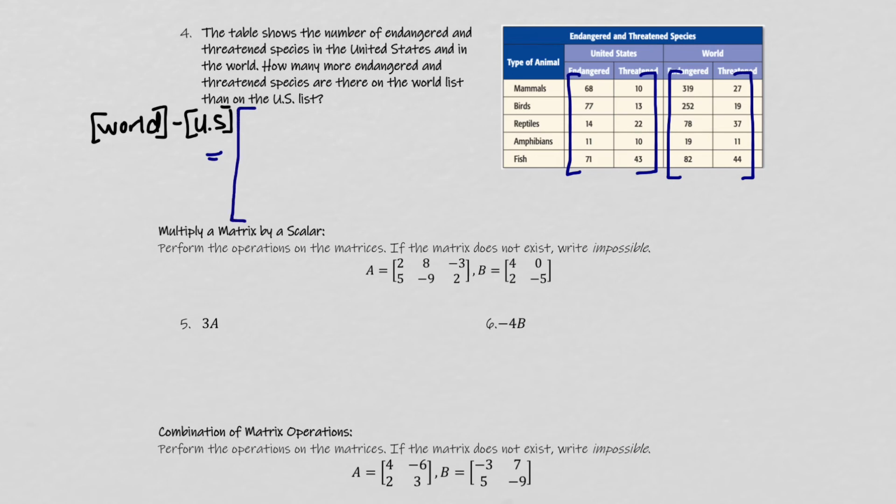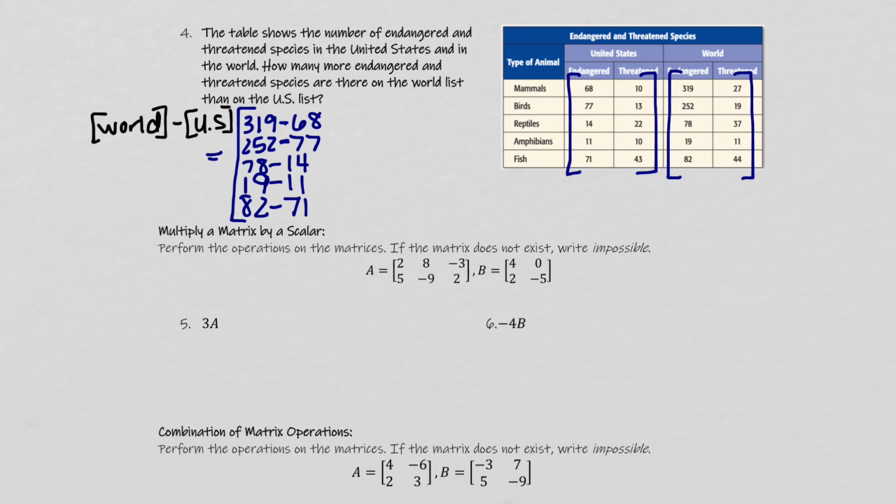So if I start with the first column, first row of world, because you start with world, 319 minus 68. Underneath it, 252 minus 77. 78 minus 14. 19 minus 11. And 82 minus 71. So that's the first column for endangered.